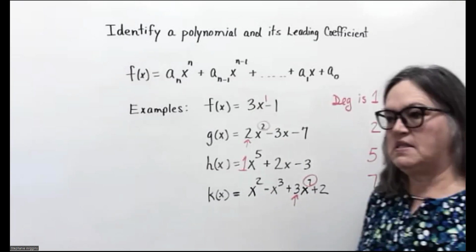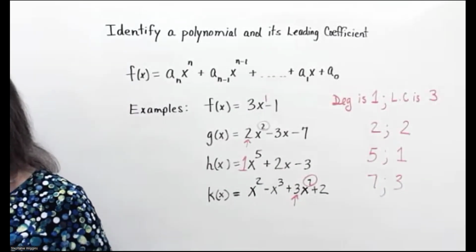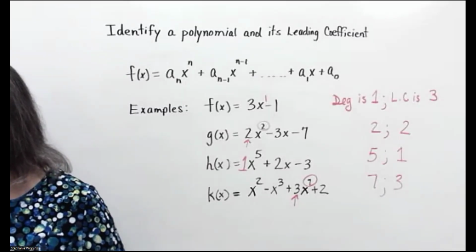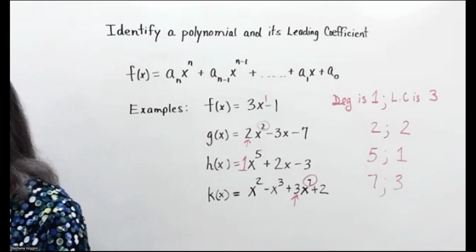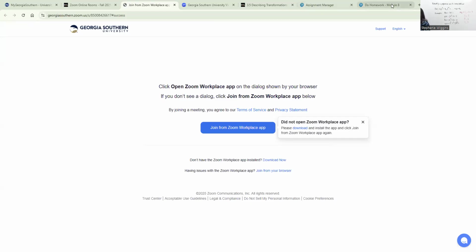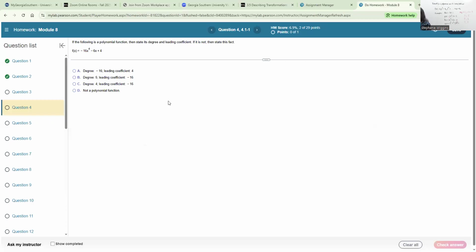Now let's take a look at some examples. I'm going to share my screen and take a look at your homework. Okay, the following polynomial is a function. If it's a function, then state its degree and the leading coefficient.